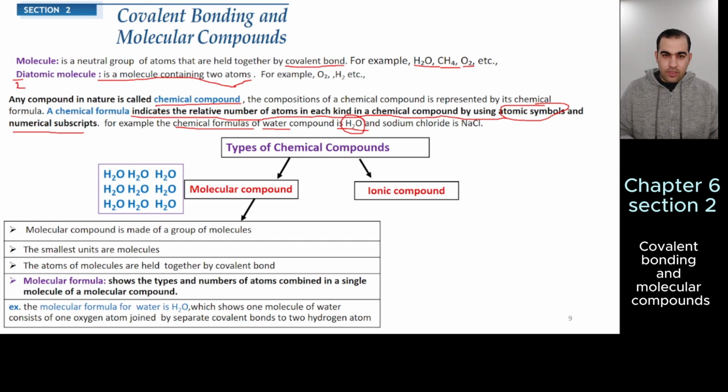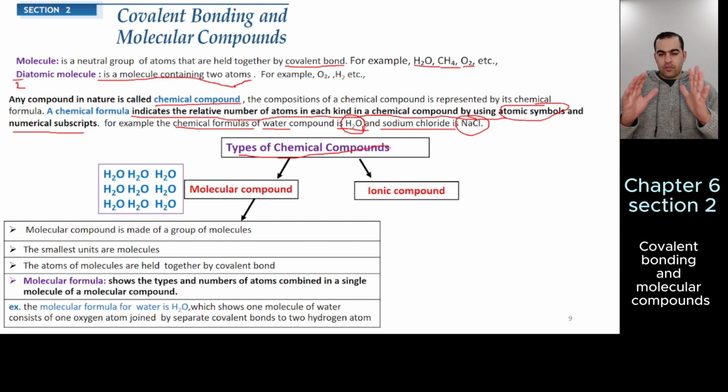What does H2O tell us? It tells us that water is made of two hydrogen and one oxygen atoms held together by covalent bonds. And sodium chloride, table salt, is made of a group of Na and Cl ions.